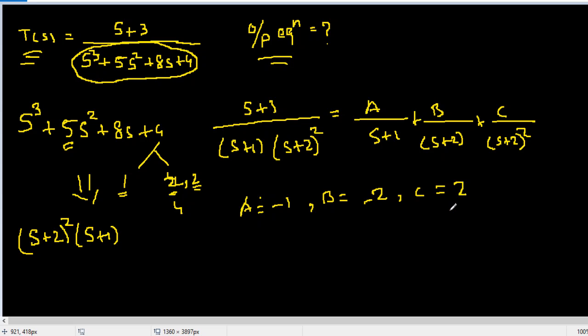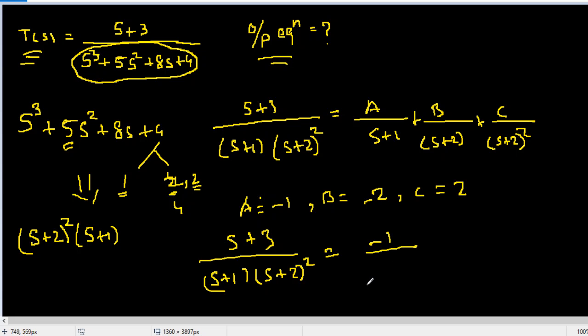This we can directly put in the equation so that we get the input, and it becomes -2 plus C equal to 2 over s plus 2 whole squared.